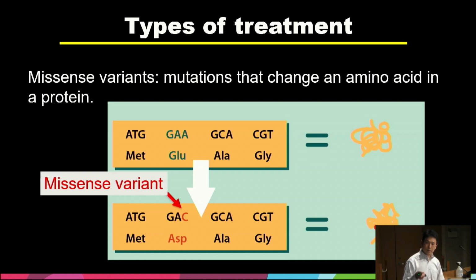So the size and overall picture of the protein look similar, but at this one point the amino acid is different. Sometimes when the amino acid changes, the entire protein shape changes. So even though only one amino acid changes, sometimes it's okay, and sometimes it makes a huge difference.